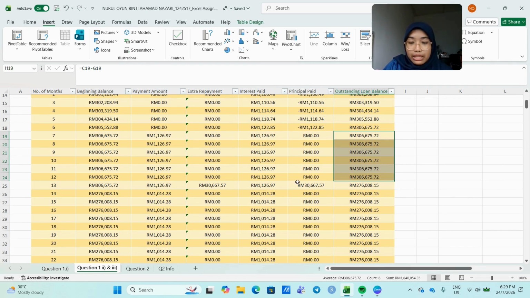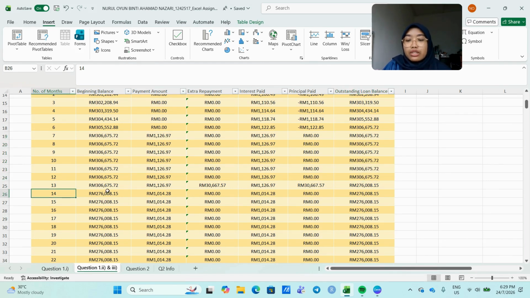After extra repayments from month 14 onwards, notice how in month 13, after making a 10% extra repayment, the loan balance drops to 276,008 ringgit 14 cents. Consequently, the interest charge in month 14 instantly dropped from this to this, saving them money on interest every single month moving forward.